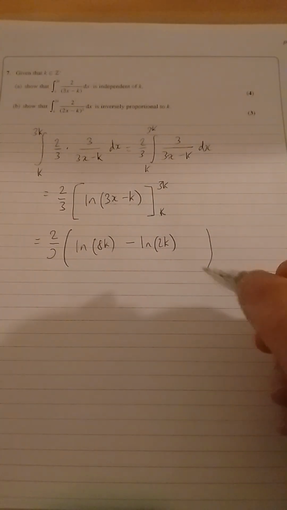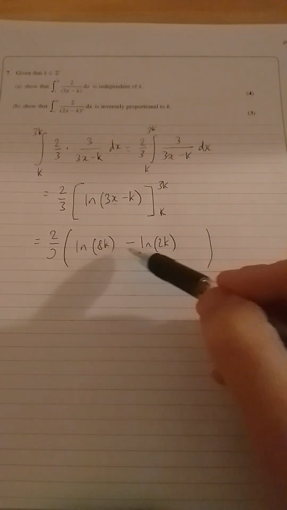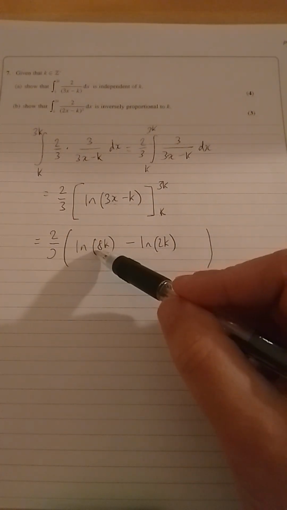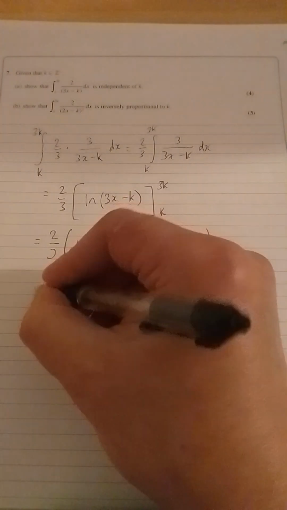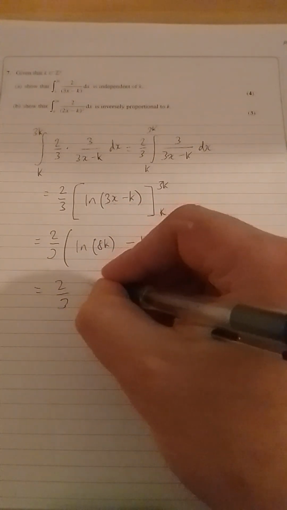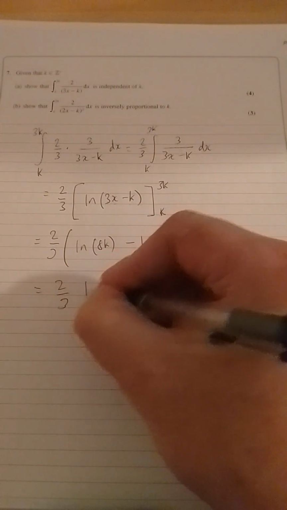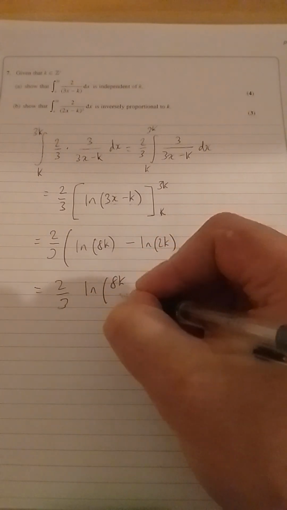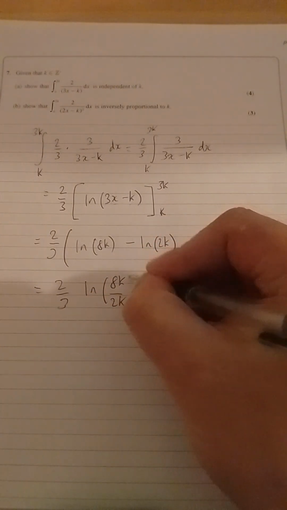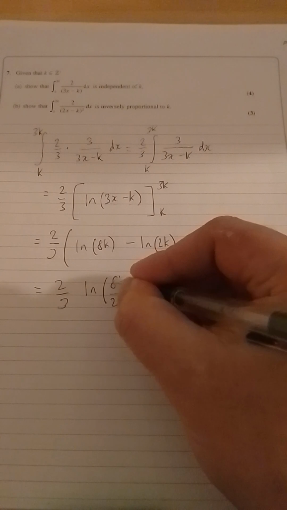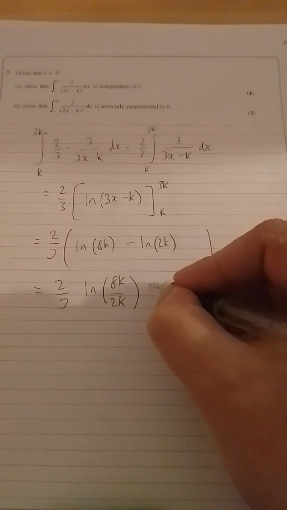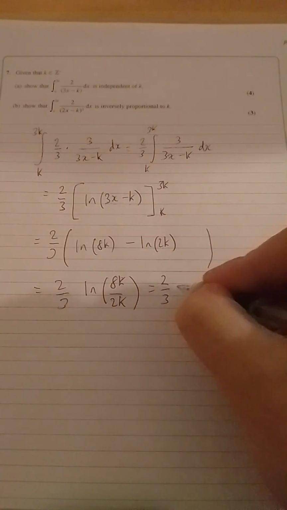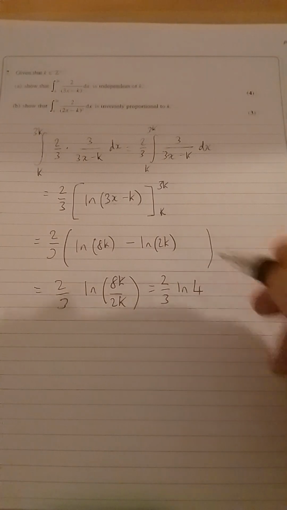Now the last thing we have to do to evaluate this integral is we use our laws of logs. Subtracting one natural log from another natural log is the same as a division inside the log. So it's 2/3 of natural log 8k over 2k. Of course the k's will cancel out, so it'll be 8 divided by 2, which is 4. So our final answer is 2/3 natural log 4.